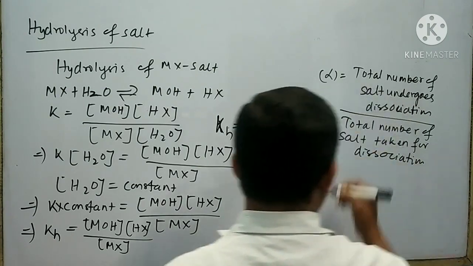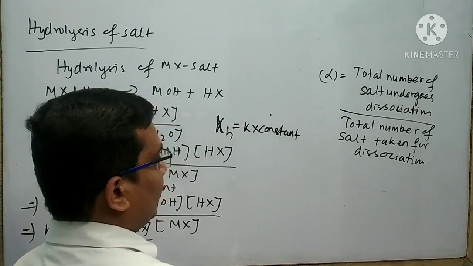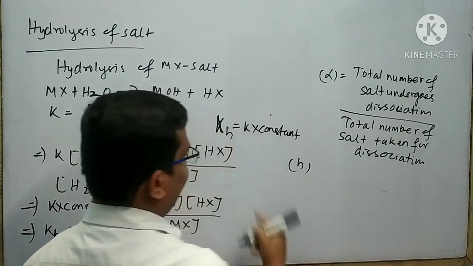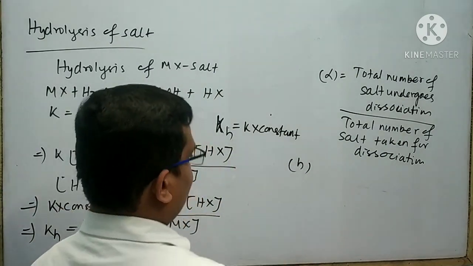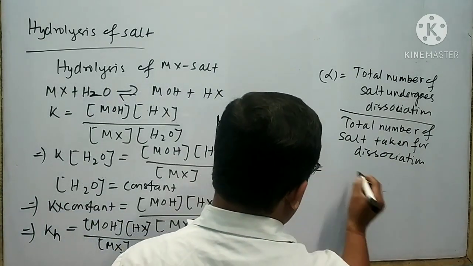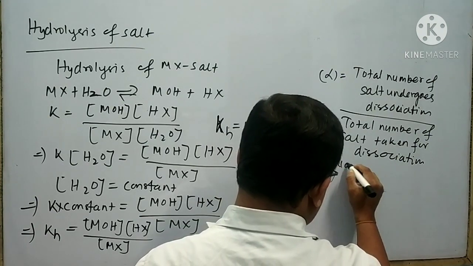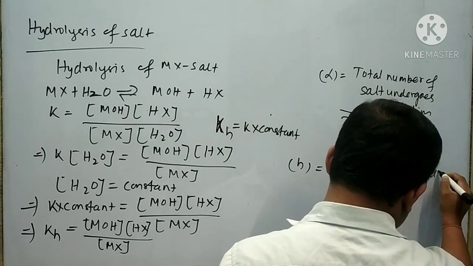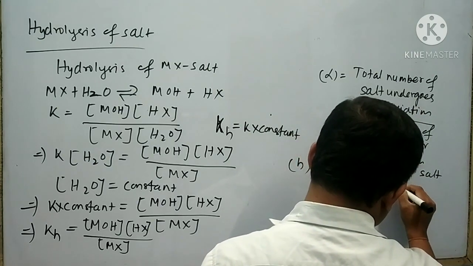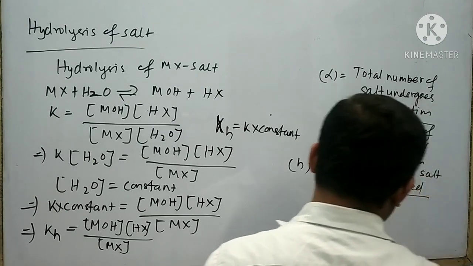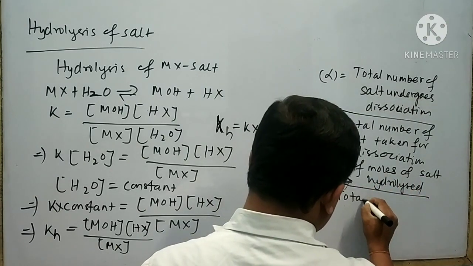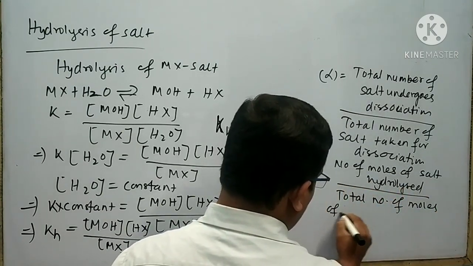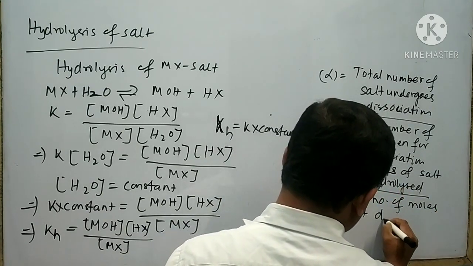Like degree of dissociation alpha, we can also think about the degree of hydrolysis h. Here h is the degree of hydrolysis. Mathematically I can write h equals number of moles of salt hydrolyzed divided by total number of moles of salt dissolved.